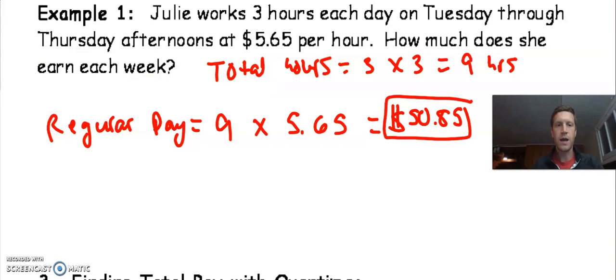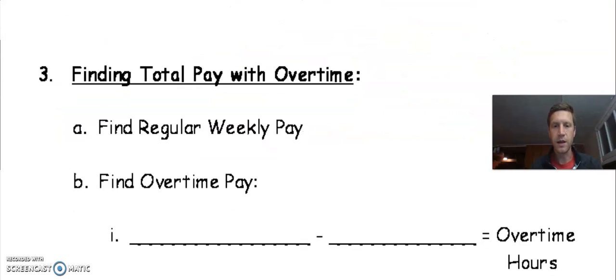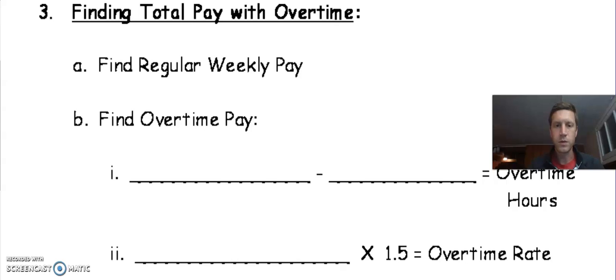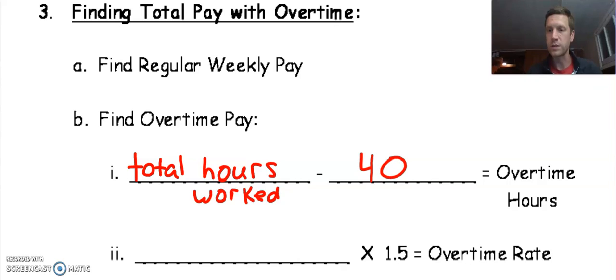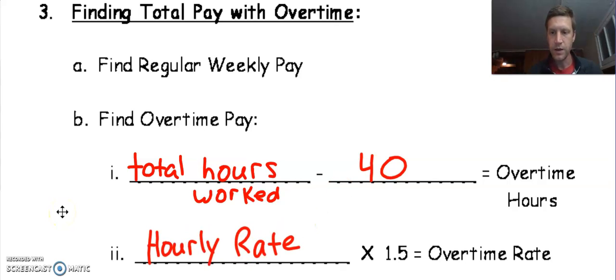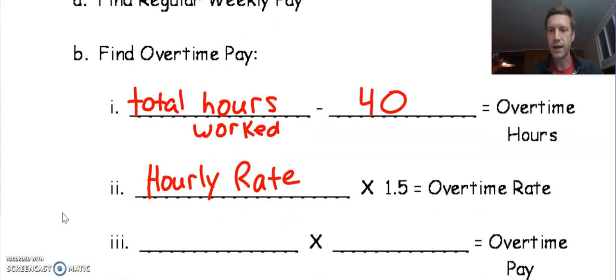Okay. Now, if we're getting paid overtime, let's take a look at that. So how do we do this? First, we want to find the regular weekly pay, which we know how to do. Then we want to find our overtime pay. So to find overtime pay, first we need to find the overtime hours. So take your total hours and subtract 40. So if you work 43 hours, 43 minus 40 means that you would have 3 hours of overtime. Then we want to find our overtime rate.